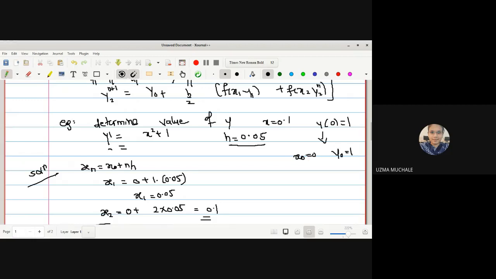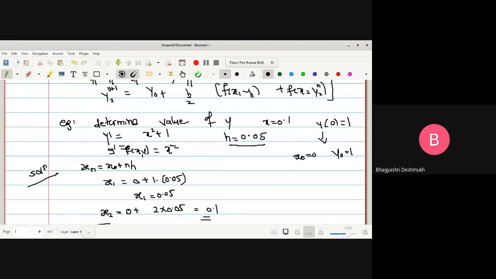Y dash is equal to f of xy, what is this? f of xy is equal to x square plus 1. Right? Yes. Now we have to put the values here. f of xy is given to you. What is f of xy? x square plus 1. What will f of x naught y naught be? x naught square plus 1, whatever the value of x naught is. Right? Correct. Yes, what will f of x1 y1 be? x1 square plus 1. Yes. As I change the values of x and y, obviously the value of f of xy will be changing, na?